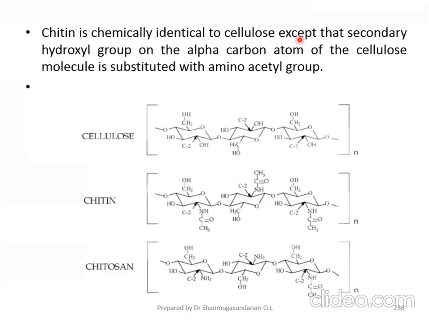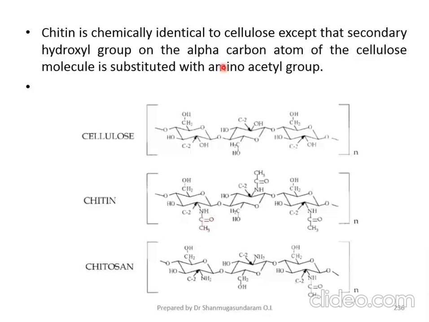But except the secondary hydroxyl groups on the alpha carbon atom. Secondary hydroxyl group means where? Here. See, this is the secondary hydroxyl group in cellulose. What change takes place in chitin? Some change takes place in the secondary hydroxyl group on the alpha carbon atom of cellulose.